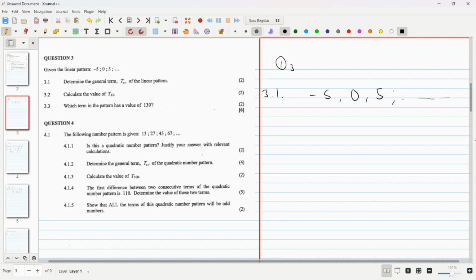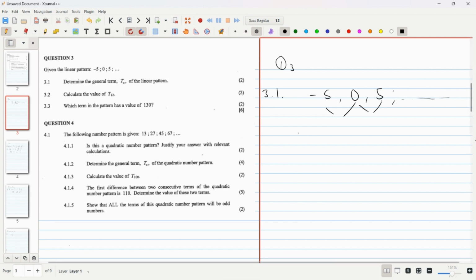So for us to get the constant first difference, we need to minus term 1 from term 2, and also term 3 minus term 2, right? So we'll get our constant first difference. So 0 minus -5 is what? Is positive 5.